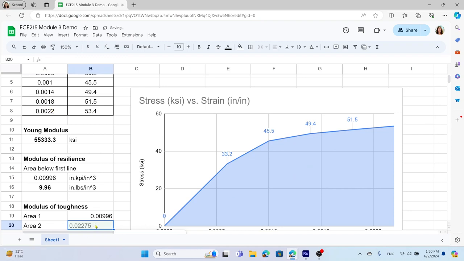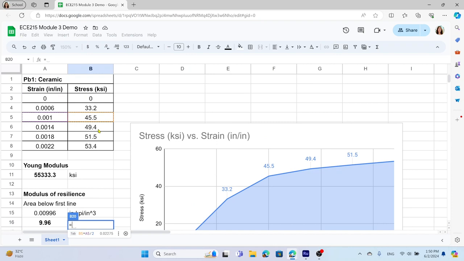The area 2, don't click enter. The area 2 is different. That will be the rectangle plus the triangle. So the rectangle will be 33.2 times the delta x, this one minus this one. So this is the rectangle, plus the little triangle.